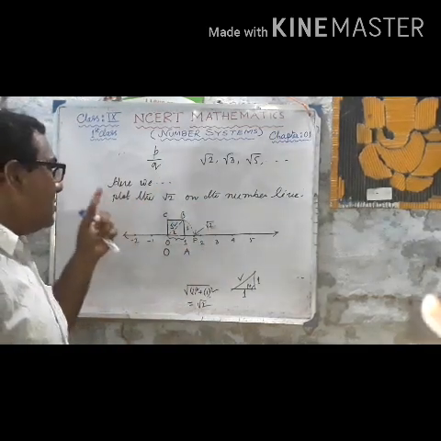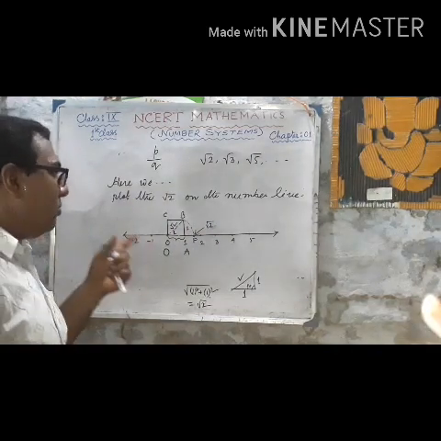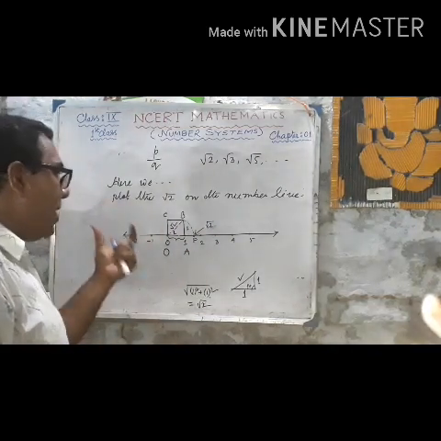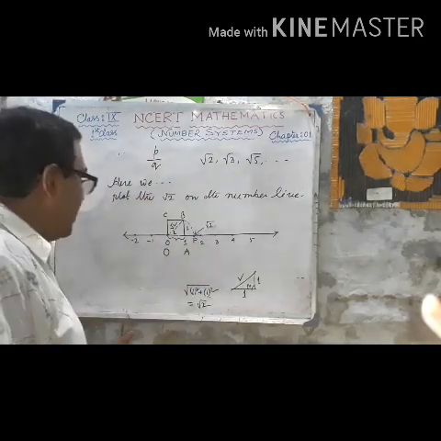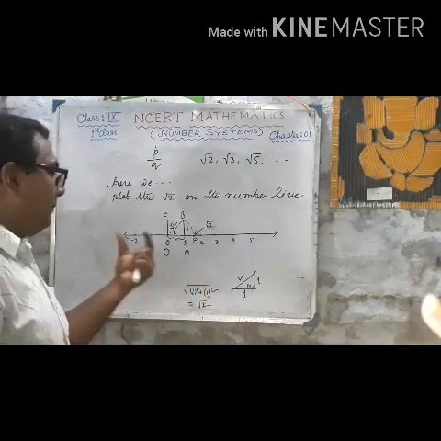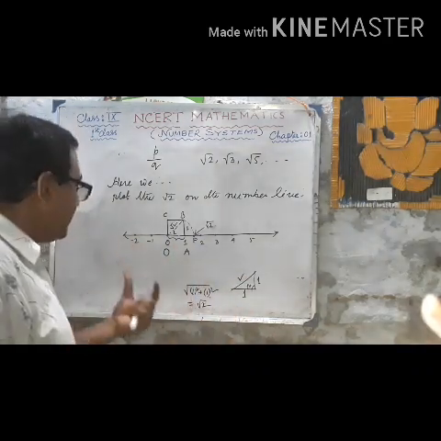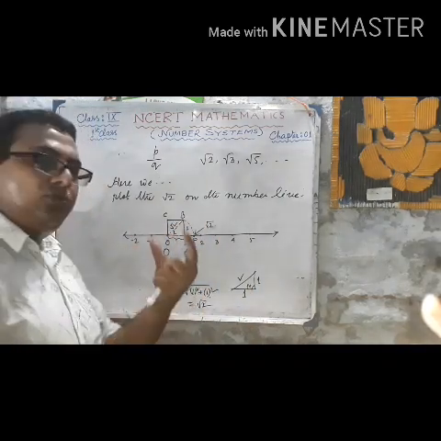So the question was to plot root 2 on the number line. At first we have to construct a square on the number line, the length of each side being 1 unit. Then we draw the diagonal of the square, and from the Pythagoras theorem we have seen the length of the diagonal is root 2.